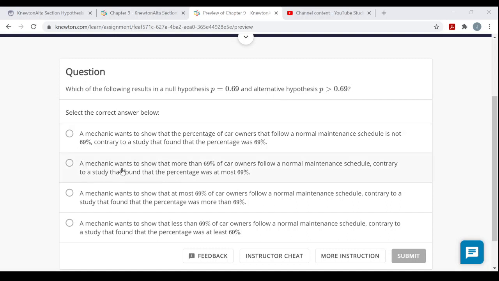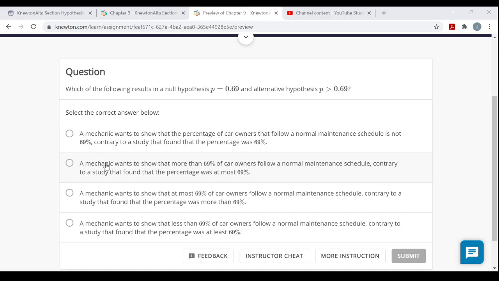So here, a mechanic wants to show that more than 69% of car owners follow a normal maintenance schedule, contrary to a study that found the percentage was at most 69, which means 69 or less.